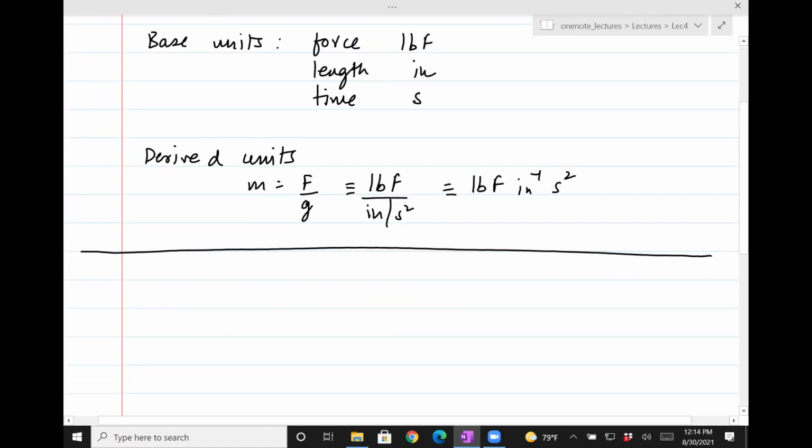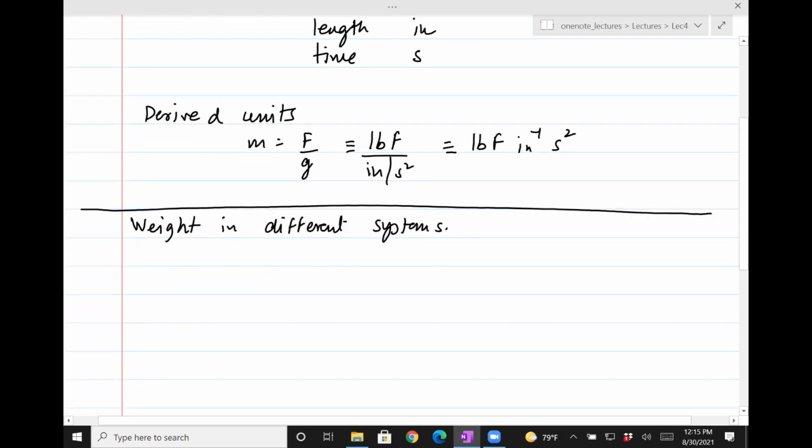So now if you want to look at weight in different units, different systems, in SI, gravity is 9.81 meters per second square.